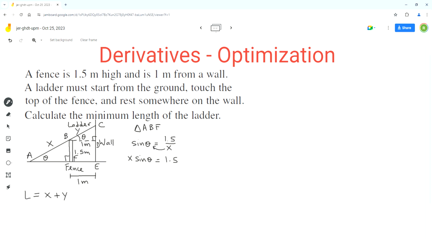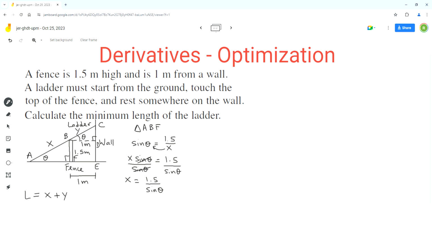Now we can divide both sides by sine theta. I get x equals 1.5 over sine theta.